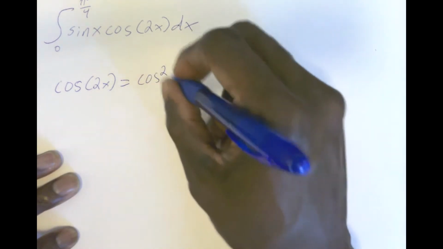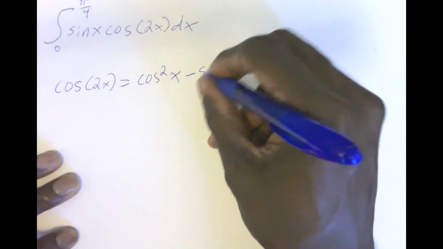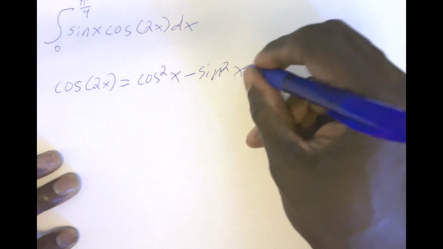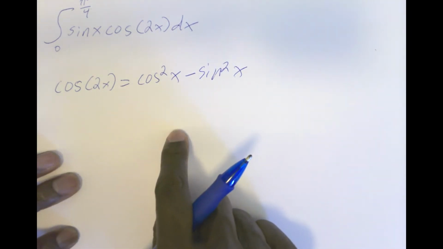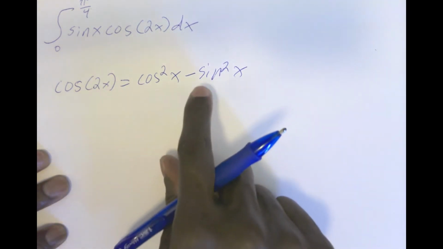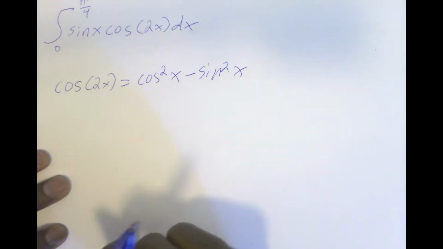Here a and b are both x, so it'll be cosine x times cosine x, which is cosine squared x, minus sine x times sine x, minus sine squared x. So cosine 2x is the same thing as cosine squared x minus sine squared x.